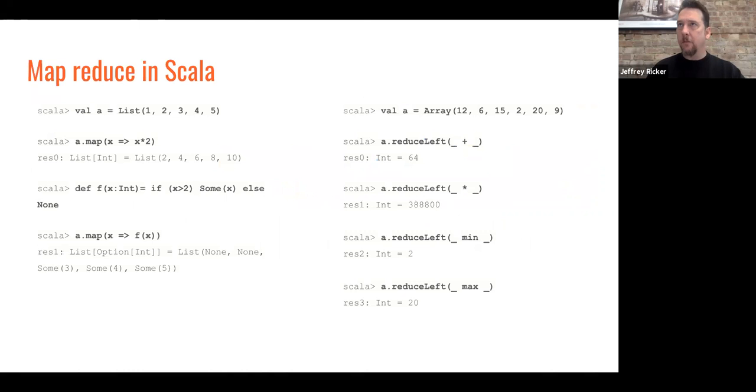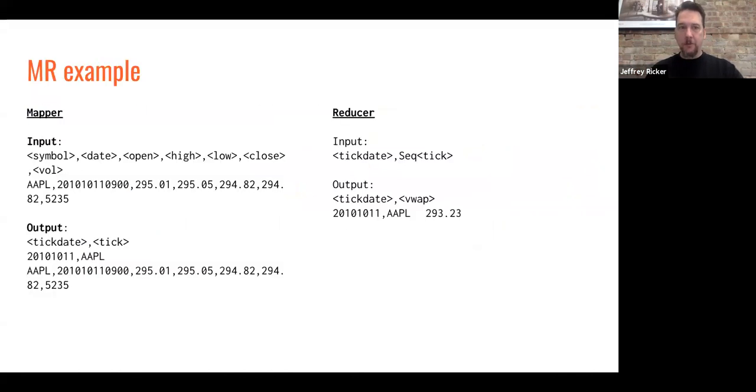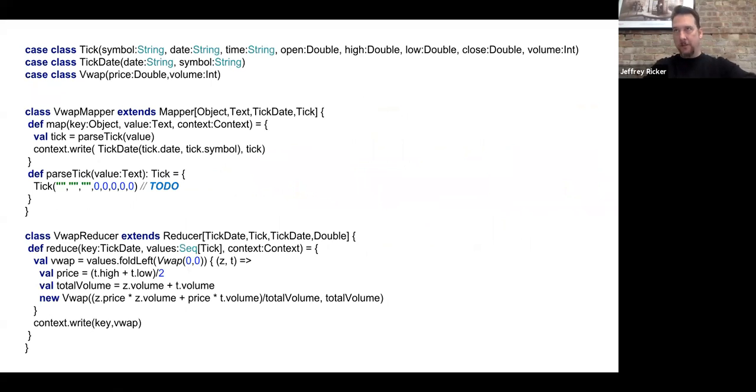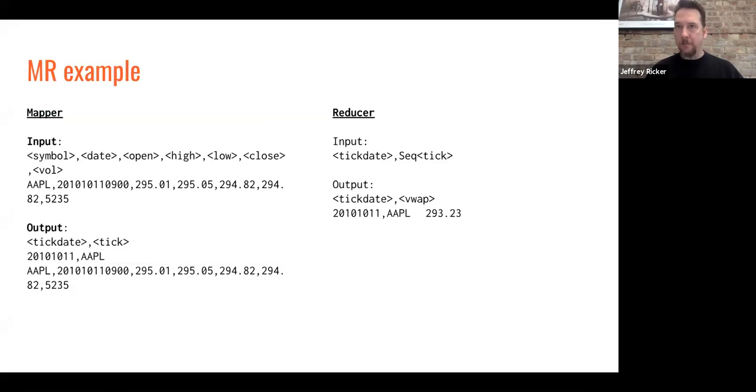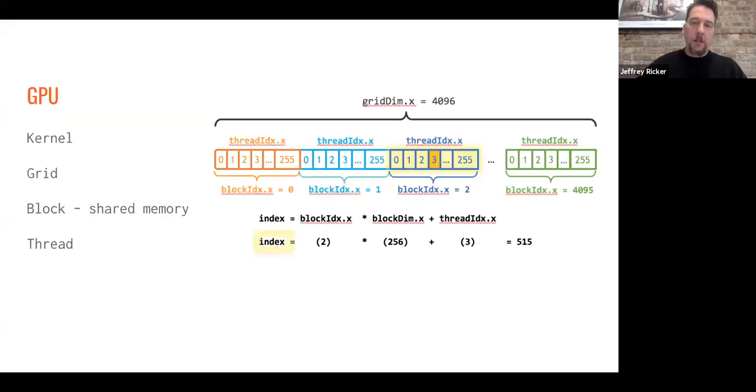Right. So we covered MapReduce, and we also showed you that you can apply the same concept of MapReduce within one single piece of code, but this MapReduce is designed to run across thousands of machines. Same concepts though. The last thing I want to touch on is GPU.